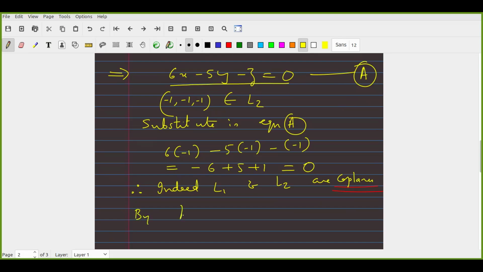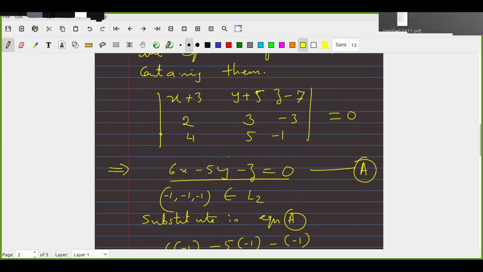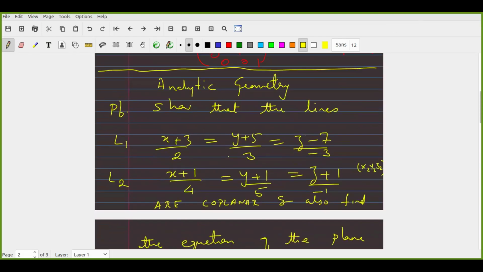By determinant condition, equation A, namely 6x minus 5y minus z equal to 0, is the required equation of the plane containing L1 and L2. So like this, two lines are given, coplanarity is understood.